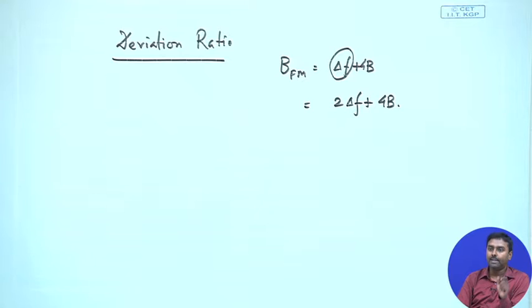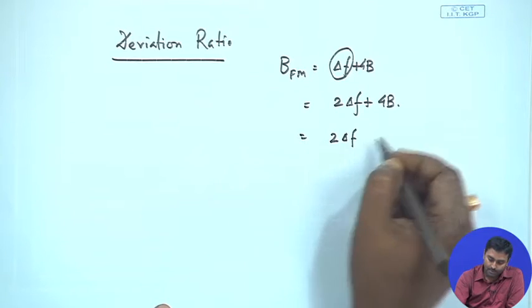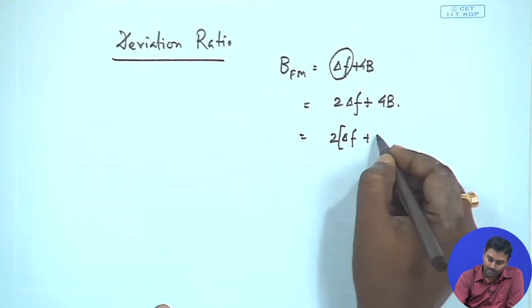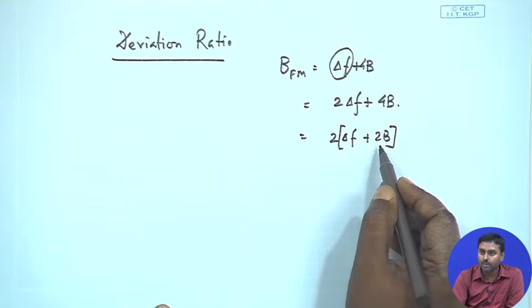If the del f definition is not the entire deviation, it is just from the center, omega c, how much in the positive half and how much in the negative half it goes, then I can write 2 into del f plus 2b, and we have said that it may be not 4b, it may be 2b.